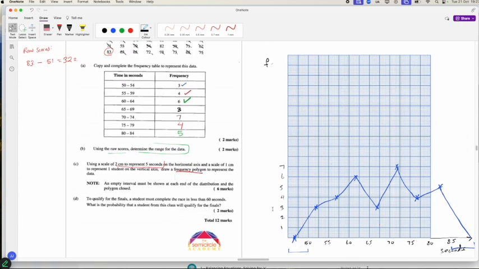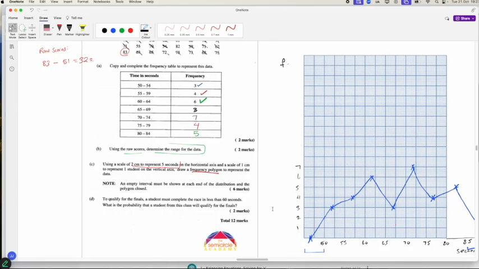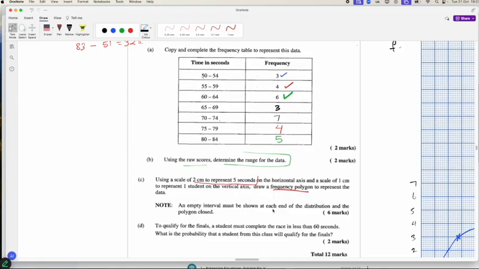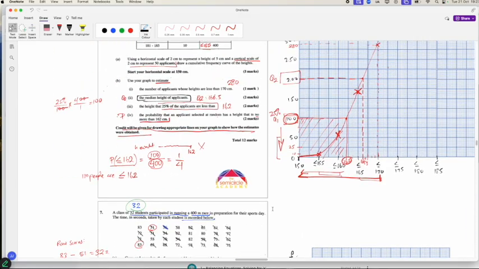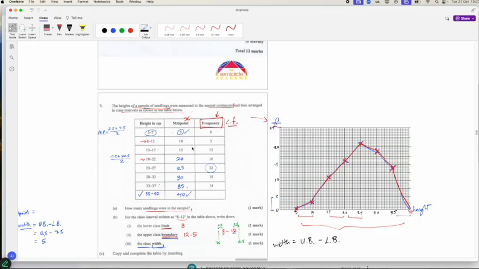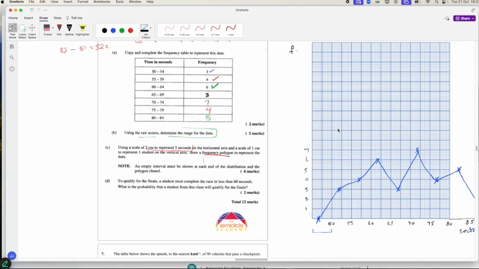Well, a frequency polygon for grouped data means we have to find the midpoint, right? I'm not even sure if I did find the midpoints. We do have to find the midpoint because what are we plotting? If we look right here, frequency midpoint is how we get a frequency polygon. So we do have to find it.